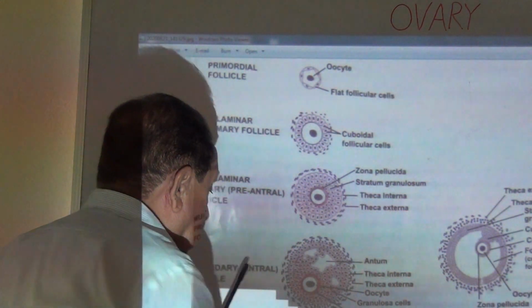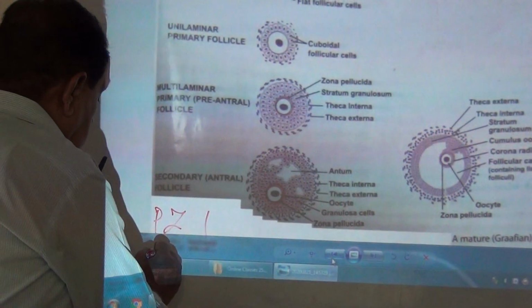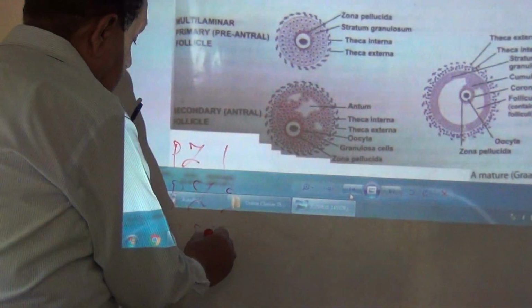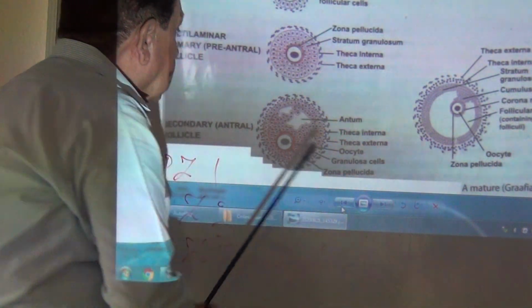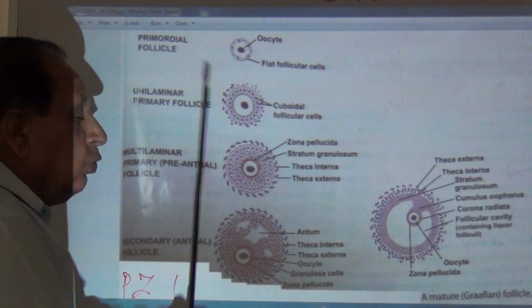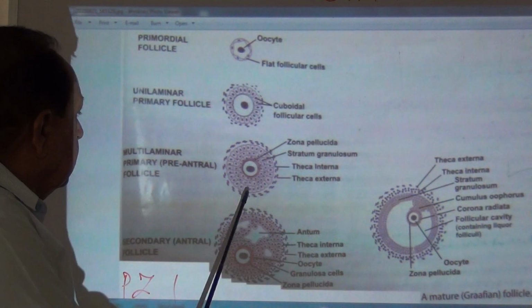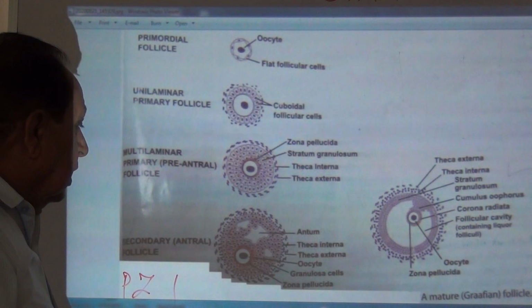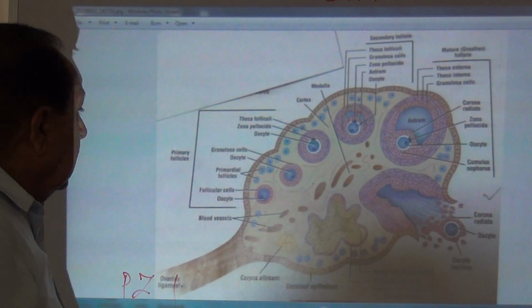These glycoproteins are called ZP1, ZP2 and ZP3. These are the glycoproteins, and they are secreted by the oocyte. Up to this stage, it is called the primary follicle.